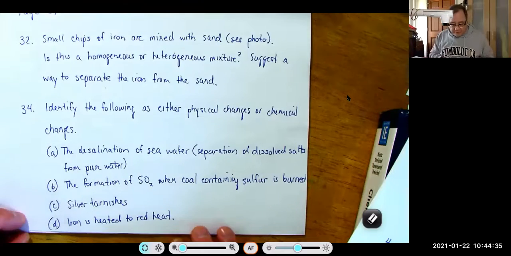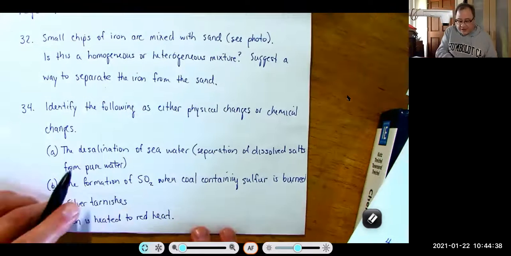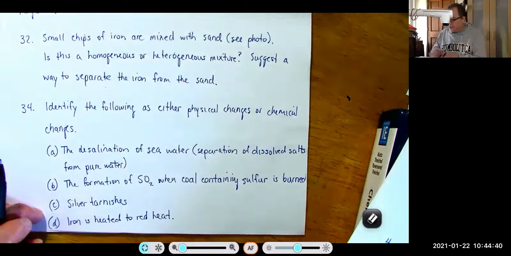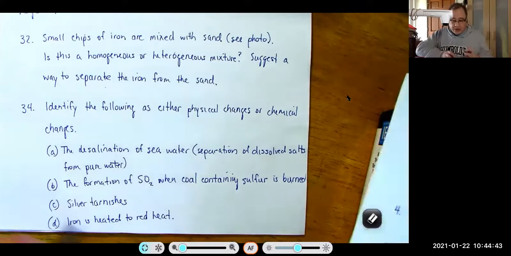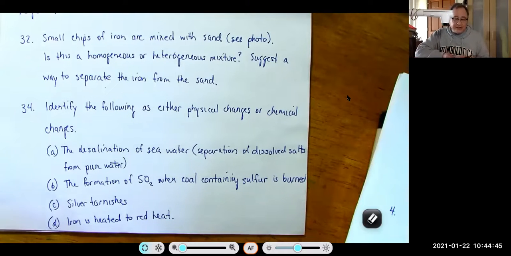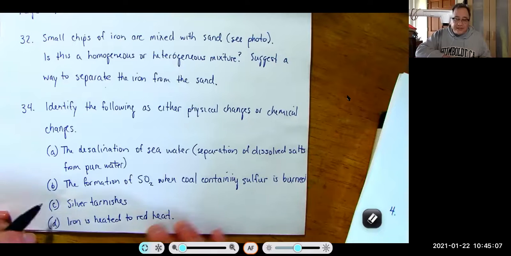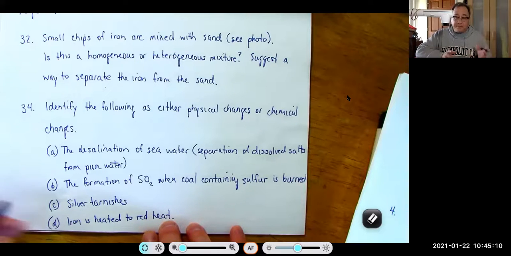Small chips of iron are mixed with sand. Is this a homogeneous or heterogeneous mixture? So you want to look at that table or that chart where they talk about homogeneous and heterogeneous and compound and pure substance and all of that. And you want to know the difference. Basically, homogeneous means when you look at it, it looks the same everywhere, like a scary store mannequin or homogenized milk or butter. Heterogeneous means it does not look the same everywhere, like people.